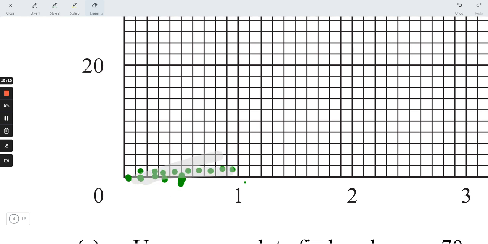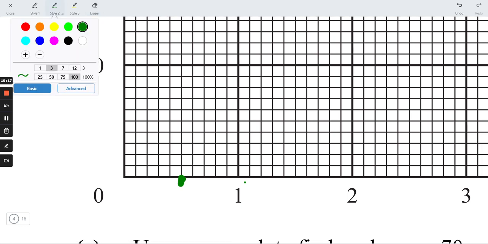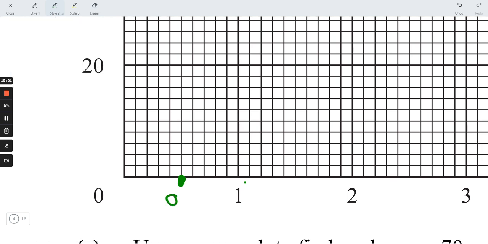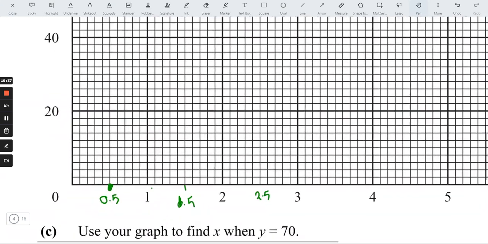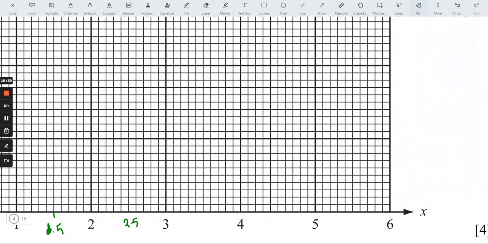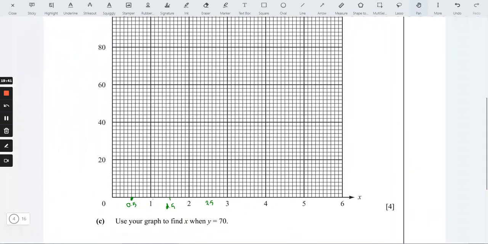So here we have 0.5, then 1, 1.5, 2, 2.5, 3 and 3.5, 4 and 4.5, 5 and 5.5.